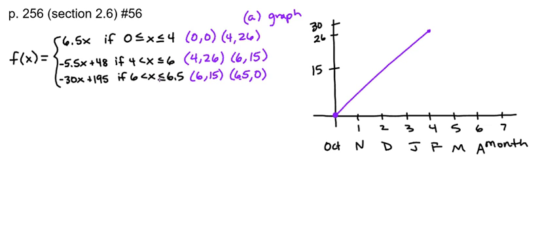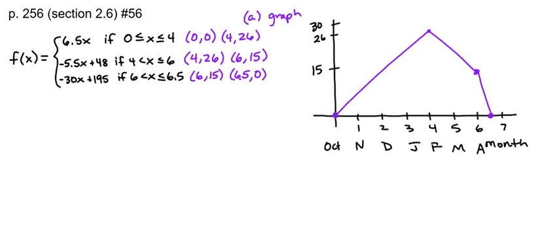And then we have a solid circle at (6, 15), right about there. And then finally, we have an open circle at (6, 15), but there's already a solid circle there. And then we have a closed circle at (6.5, 0). Okay, so this is the graph that takes care of part A.